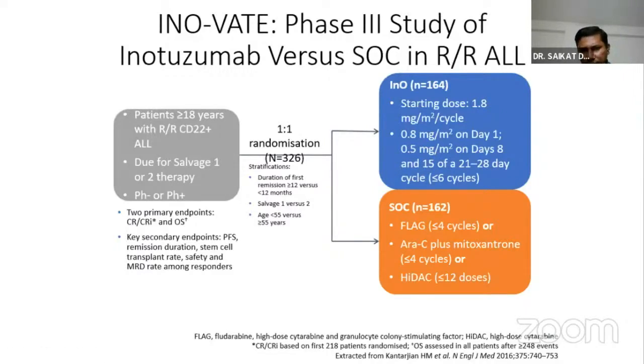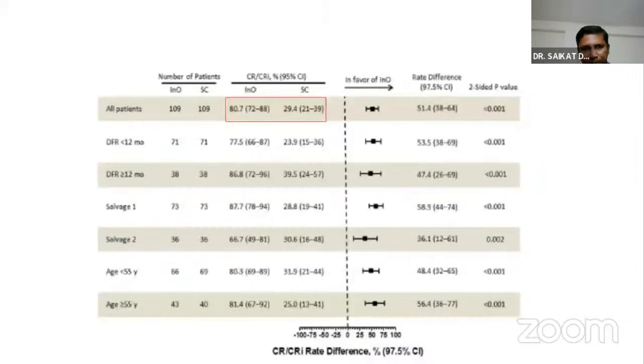Usually we give 1 or 2 cycles, then go for transplant. If the patient is not transplant eligible, then up to 6 cycles can be given. In this trial, the standard of care chemotherapy was FLAG, cytarabine plus mitoxantrone, or HiDAC. These are the conventional chemotherapies which were given in the other group.